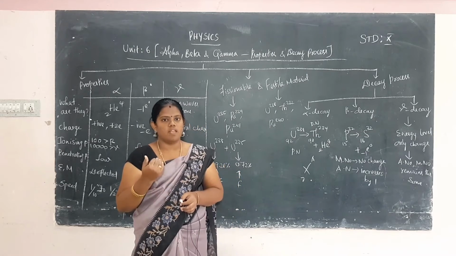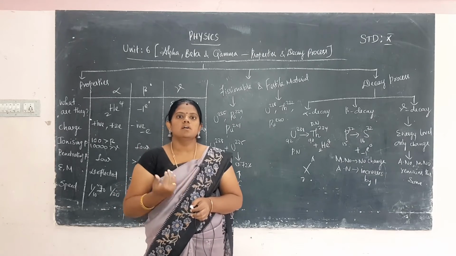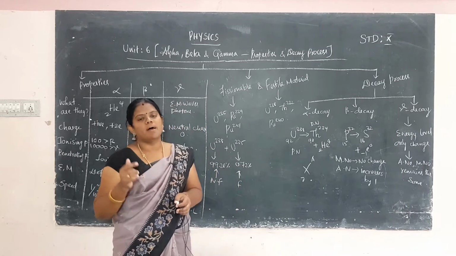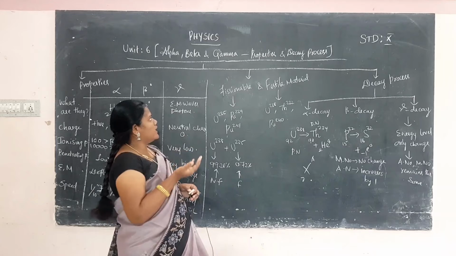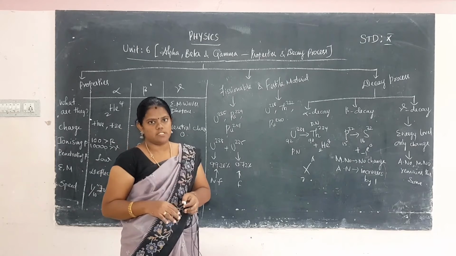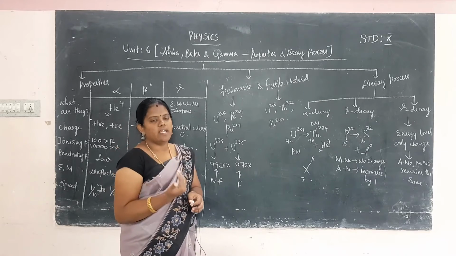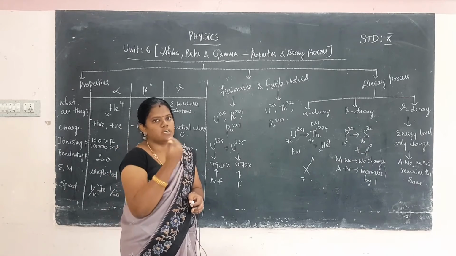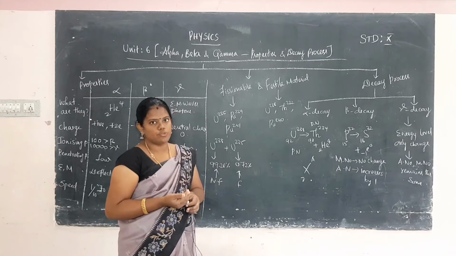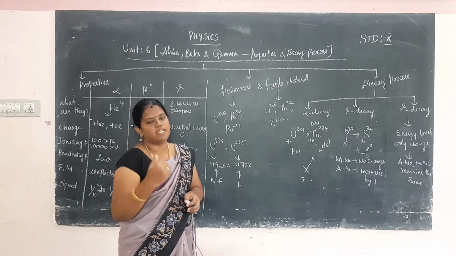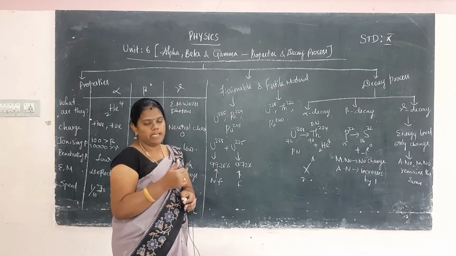These radiations are very harmful and are called alpha, beta, gamma radiations. All the radiations have individual properties. They decay from the radioactive element to produce the parent and daughter nucleus also. So first I will explain the properties of alpha, beta, gamma radiation, and then the decay process also.